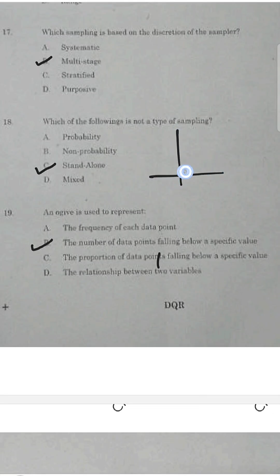If I see, an ogive curve looks like this. If we try to figure out the point over here and here, we can see how many are there with the frequency less than the particular cumulative frequency. This many observations are below that point. So we can say ogive is used to find out the number of points falling below a specific value.